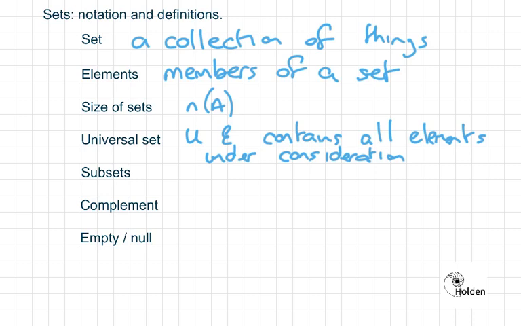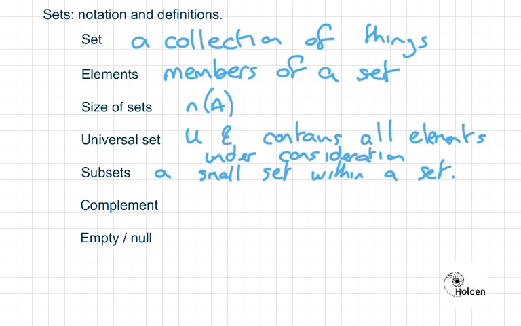Okay. And that brings us nicely into subsets. The even numbers are a subset, a smaller group within a bigger group. Okay, so a smaller group, a smaller set within a set. It could include all the elements of a set, or it could include some of the elements of that set.